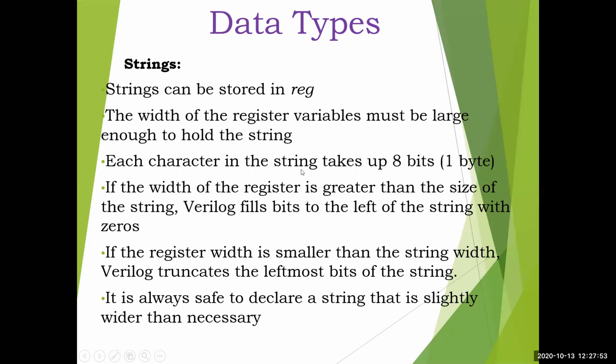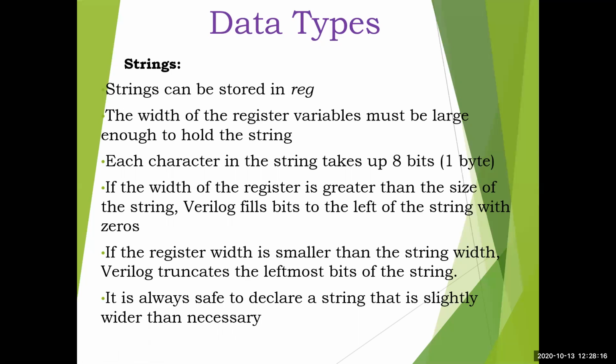Each character in the string takes up 8 bits, 1 byte. If the width of the register is greater than the size of the string, Verilog fills bits to the left of the string with zeros. So if you are going to print only hello and there is more size, the left side will be filled with zeros. If the register width is smaller than the string width, Verilog truncates the leftmost bits of the string.